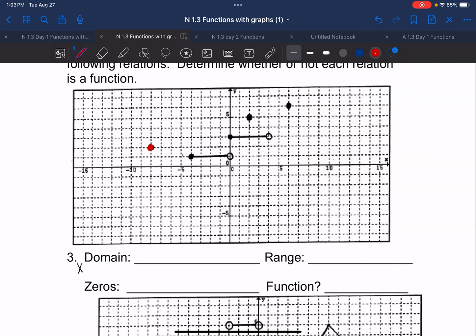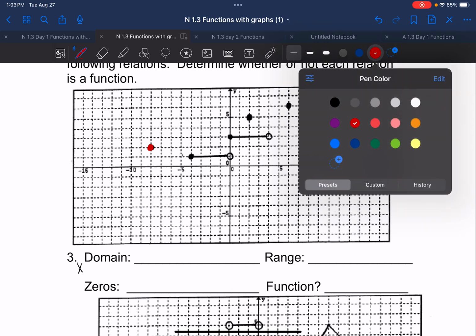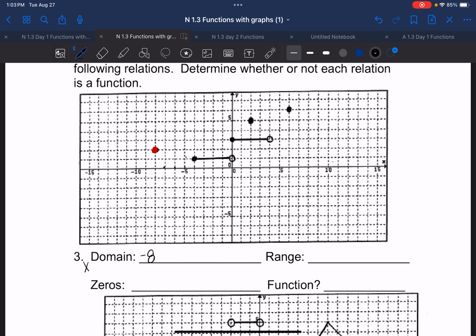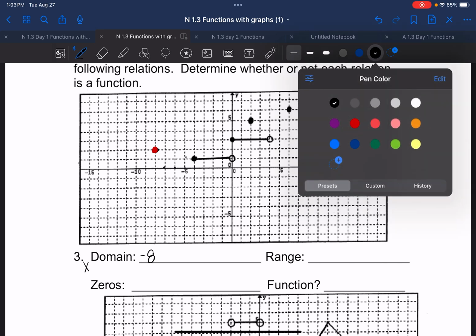Okay, so at this point, I am at negative 8. Okay, but then it looks like there's nothing happening at negative 7, nothing at negative 6, nothing at negative 5. But when I get to negative 4, there is a point right here.